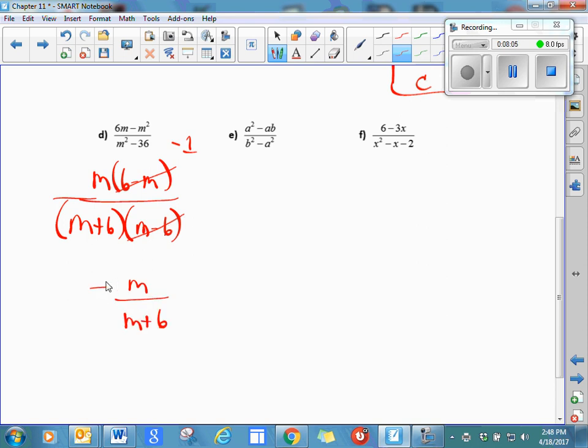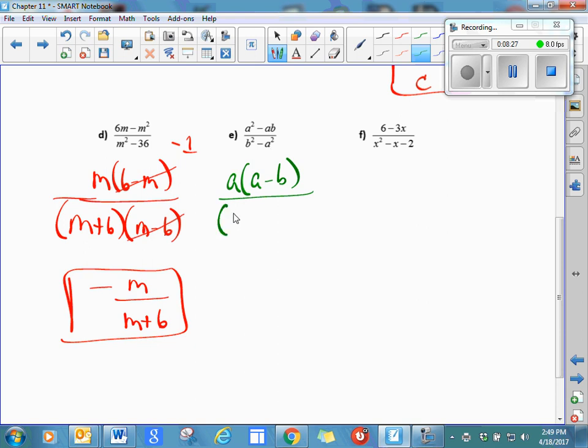And it doesn't really matter if you put this negative sign with the numerator or whether you leave it out in front of the fraction. That's your answer. All right. This one is another good example of this. Let me go get a different color. A is the GCF, a minus b. In the denominator, it's the difference of 2 squares.